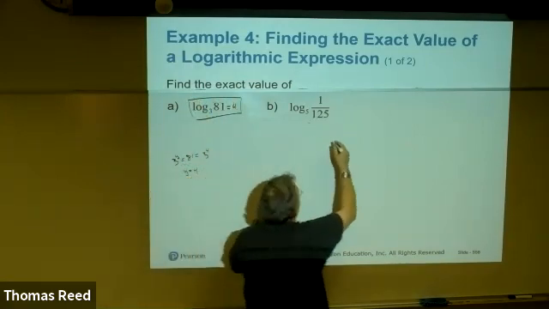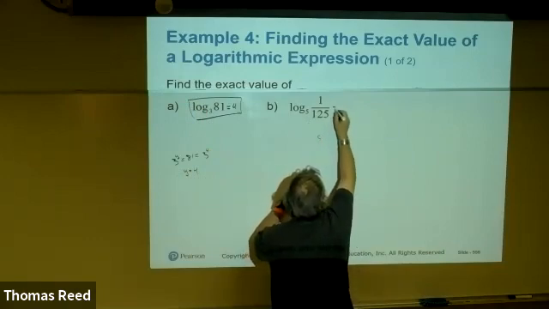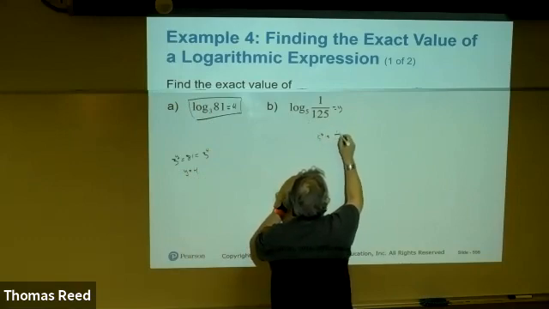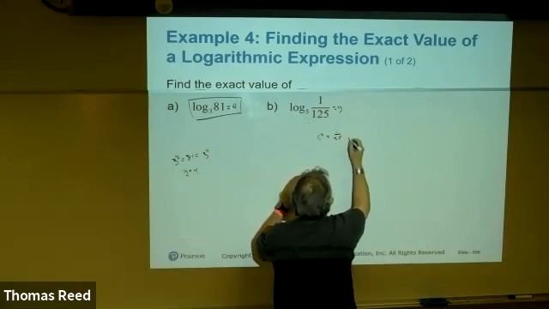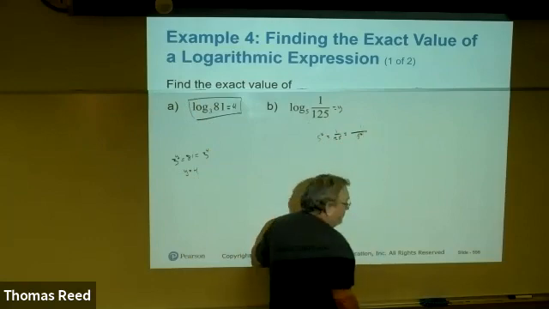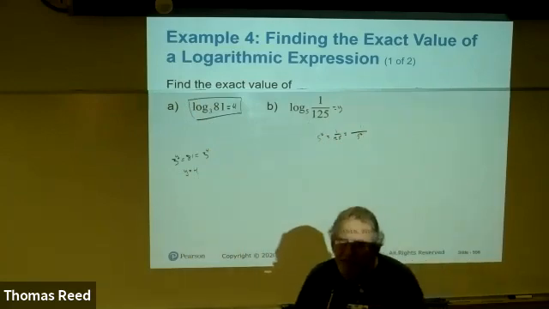Same thing over here. All right, so that means 5 to the something is going to equal y. So 5 to the y power is going to equal 1 over 125. Well, 125 is 5 to the third power. Remember the first 6 perfect cubes.